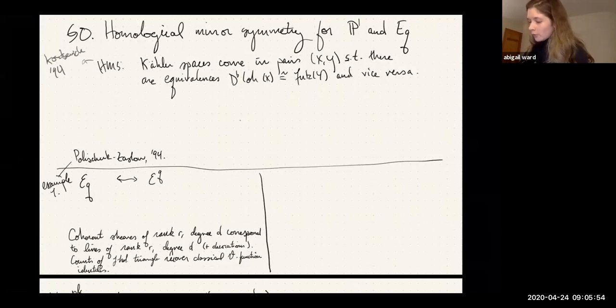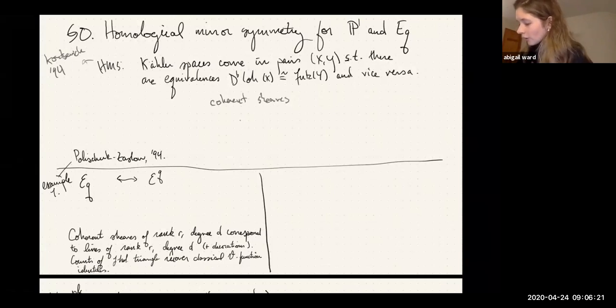The conjecture is that Kähler spaces come in pairs X and Y, and there are equivalences between the derived category of X and the Fukaya category of Y, and vice versa. For these equivalences, you'd expect something like, okay, your objects in D^b Coh, something like coherent sheaves. This is a very loose correspondence I'm going to write down here.